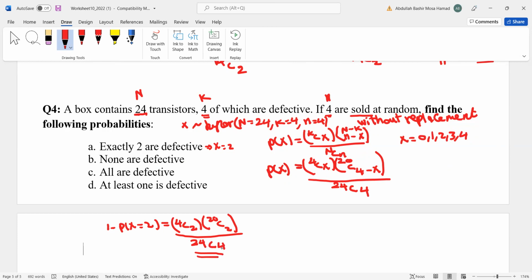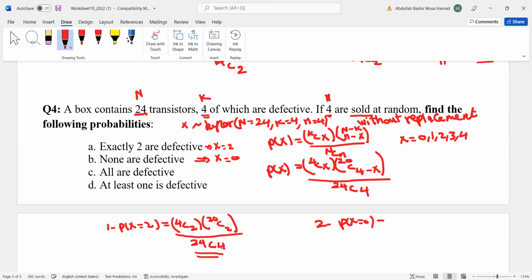For the second, none are defective. None are defective means X equals 0. So for the second, we use X equals 0, P of X equals 0.